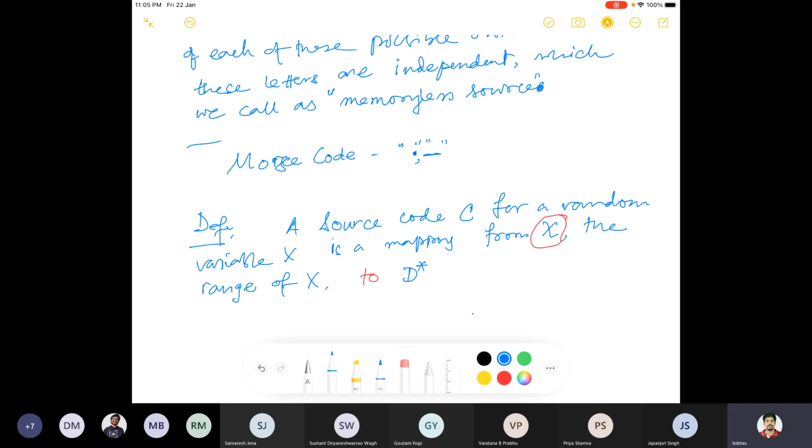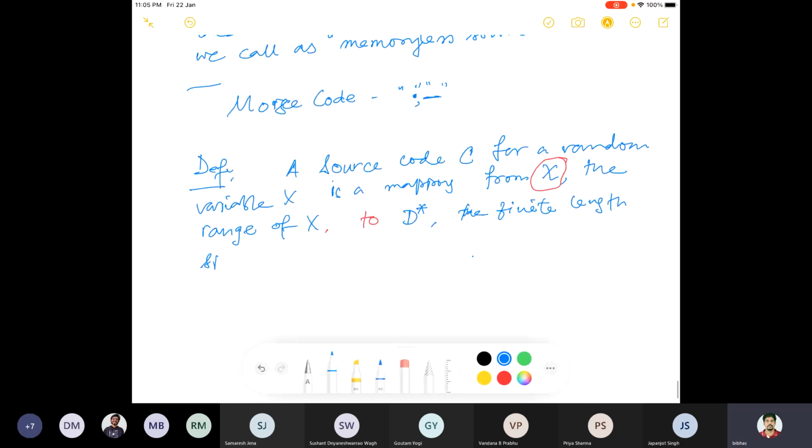Let me tell you what D is. D star is the set of finite length strings of symbols from a D-ary alphabet.